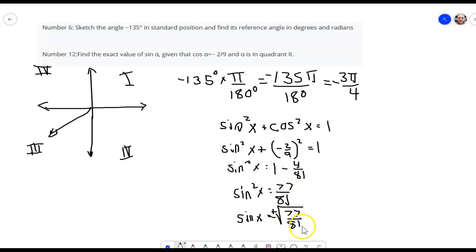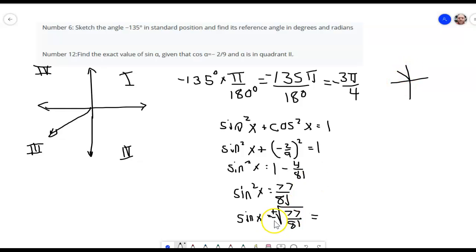Now, which quadrant are we in? It says we are in quadrant 2. And in quadrant 2, which is up here, we're trying to find the sine. The sine is related to the y values, and the y values here are positive.